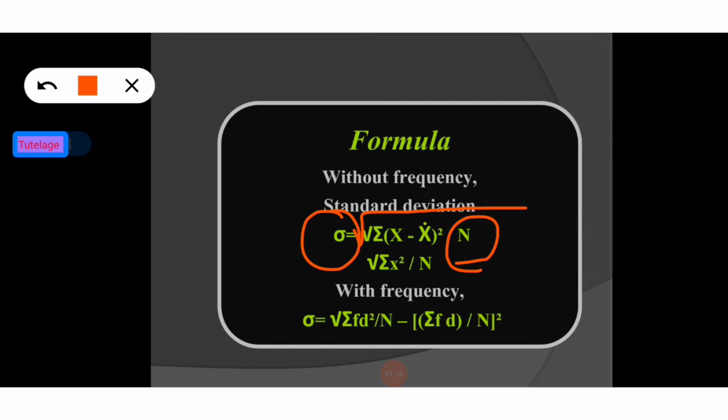N is the number of frequencies. With frequency, sigma equals root over summation f d square by n minus summation f d by n whole square. This is the formula of the standard deviation.